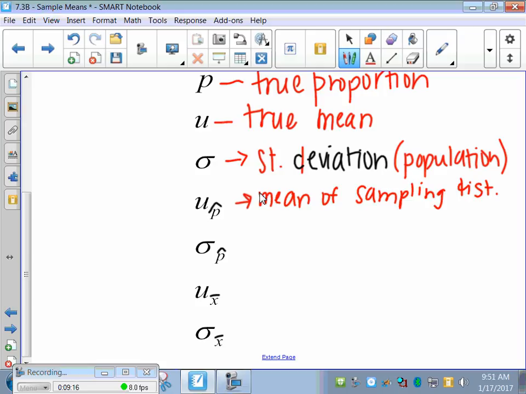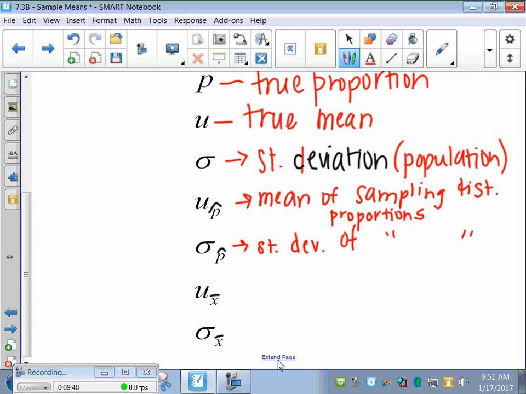You're looking at the center. As long as you have enough of them, that's the true mean. And this one's for proportions since it's p's. All right, what's sigma p hat? The standard deviation of the same thing, the sampling distribution using proportions.